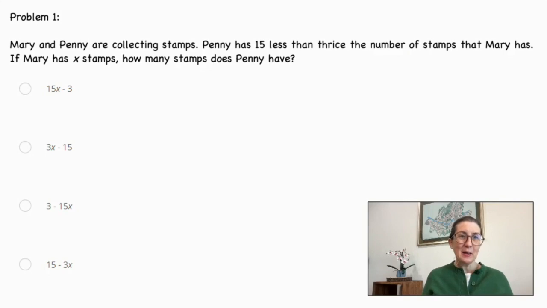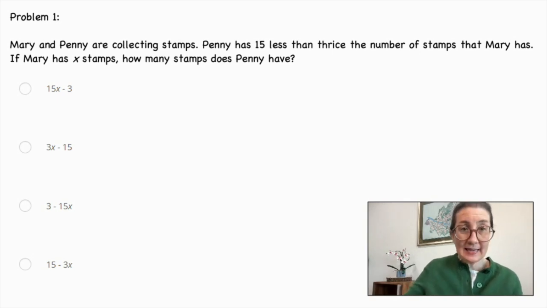Problem number 1. Mary and Penny are collecting stamps. Penny has 15 less than thrice the number of stamps that Mary has. If Mary has x stamps, how many stamps does Penny have? Let's break this down. Penny has 15 less than 3 times the number of stamps Mary has.